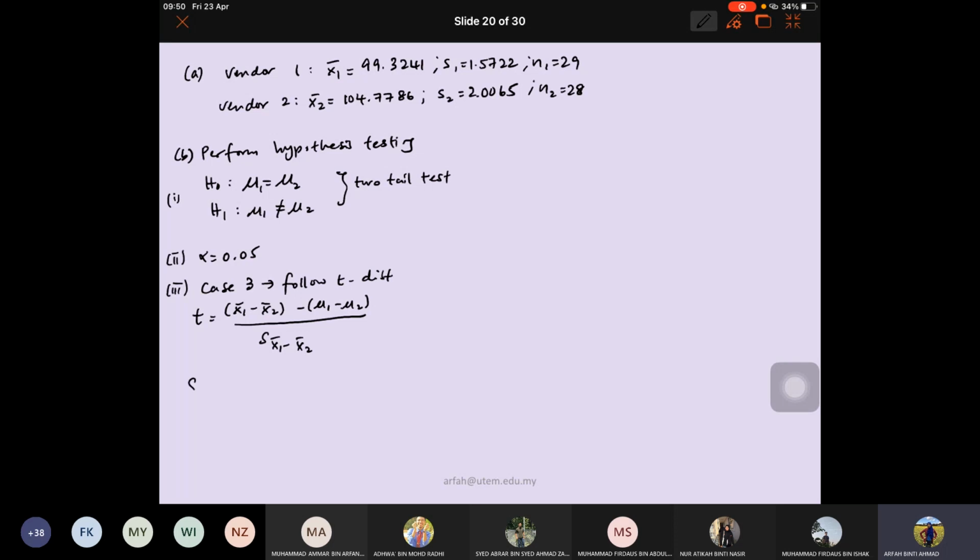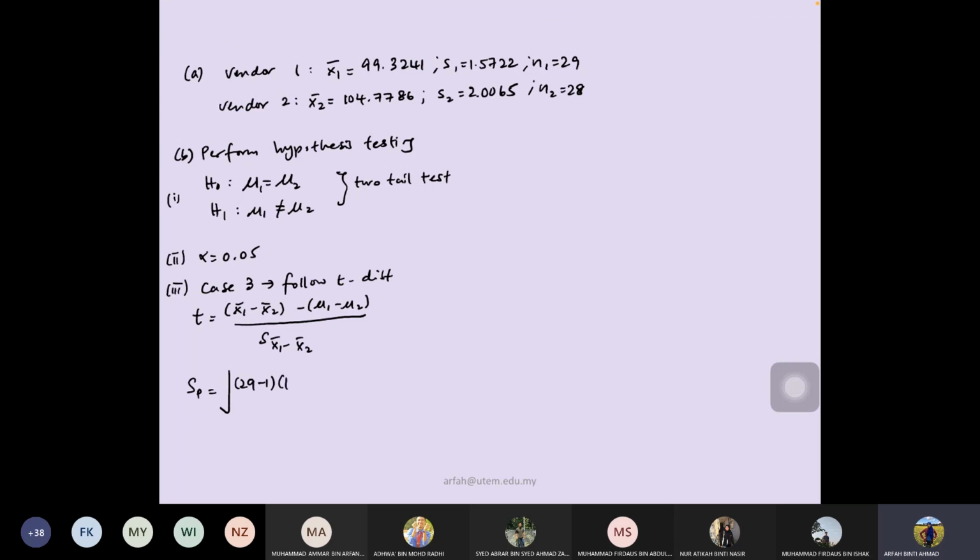So SP equals the square root of N1 which is 29 minus 1 times S1 squared, 1.5722 squared, plus N2 which is 28 minus 1 times S2 which is 2.0065 squared, divided by N1 plus N2 minus 2.